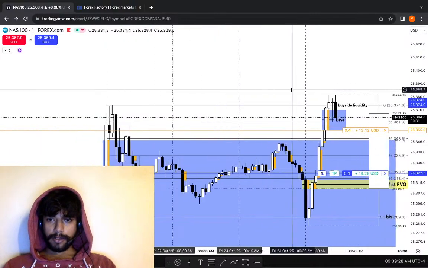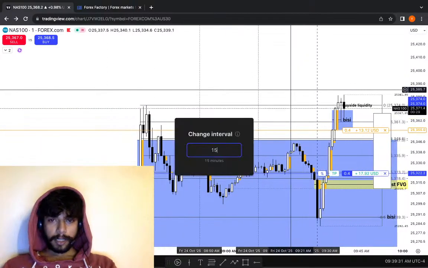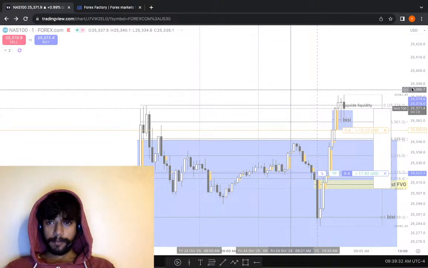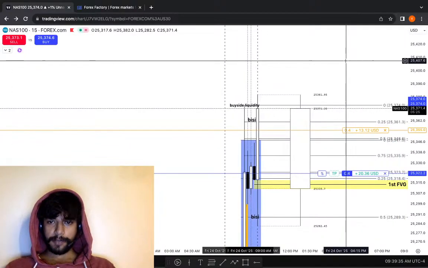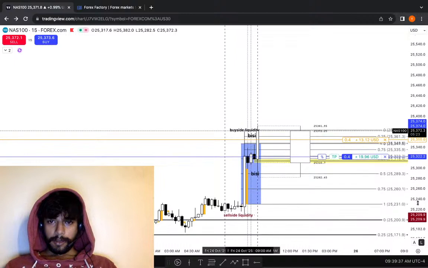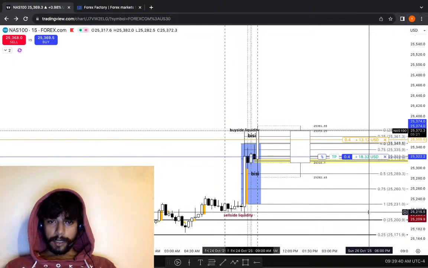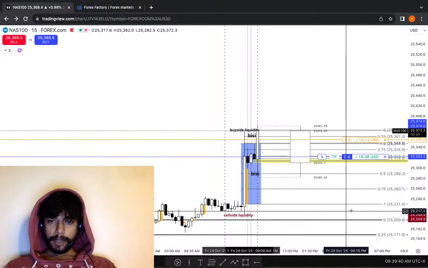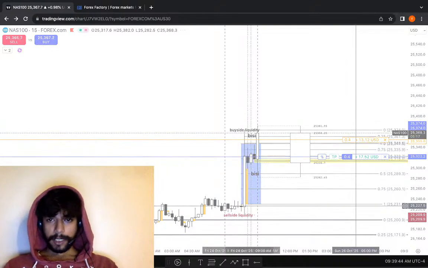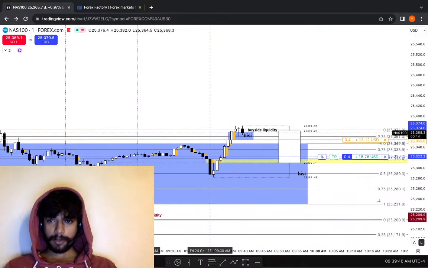But it can also break that buy side imbalance, sell side inefficiency, and come down to explore some sell side. So that will be interesting to see how it's going to play out.